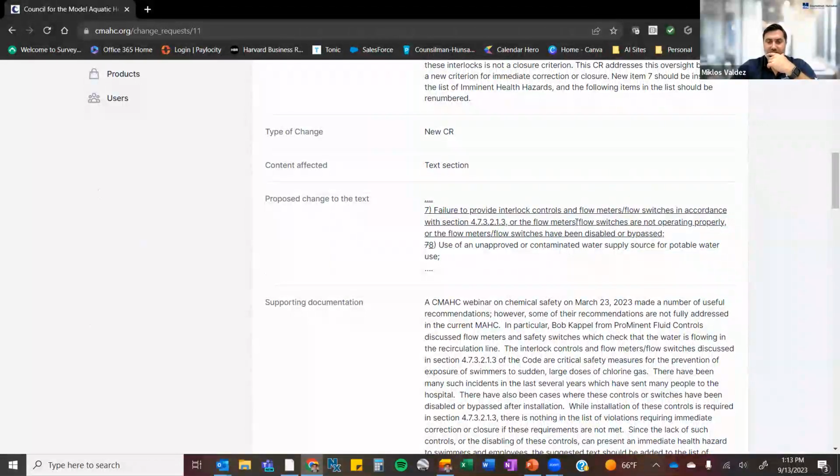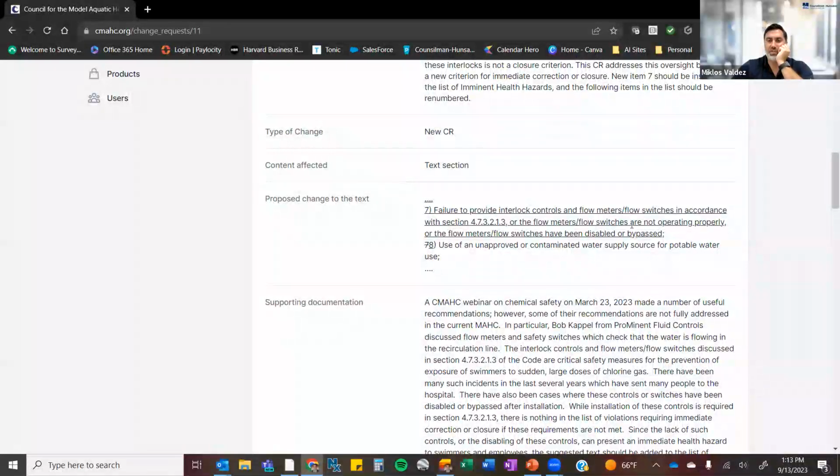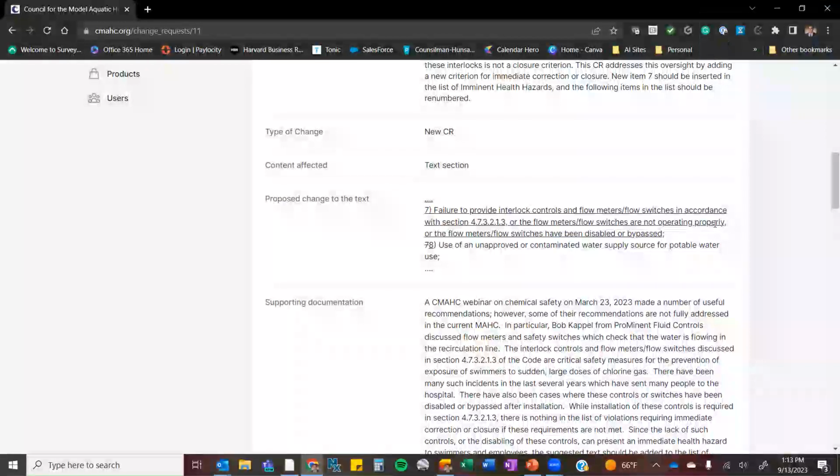Yeah, his language is a bit more complicated, but it's essentially doing the same thing. So failure to provide the interlock controls in accordance with section 473.213. That's a little different than what was just submitted, because this one says that they have to be operating properly. Well, this one also says failure to provide or not operating properly.